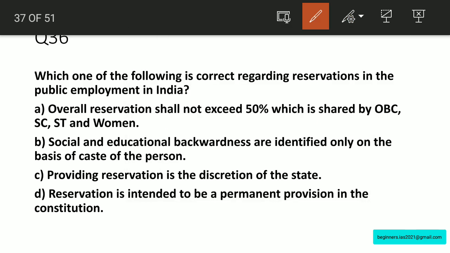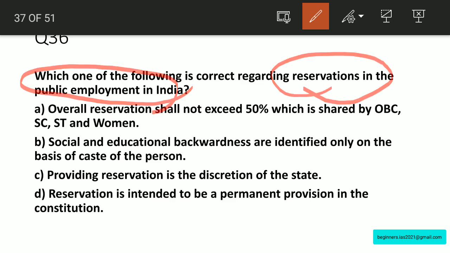Which of the following statements is or are correct regarding reservations in public employment in India? This is a very important question. Kindly go through this. Note down two points. There is no gender-based reservation in India.